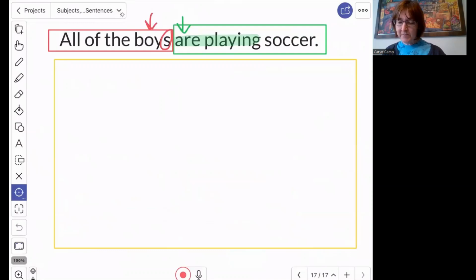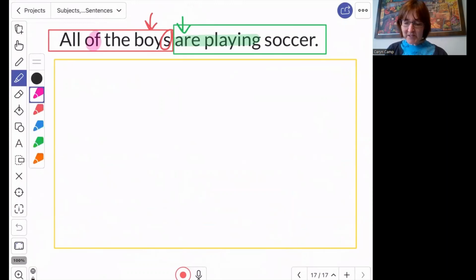Well, if you look here, it does make sense to be boys. The verb is okay. Subject-verb agreement works here. But of is a preposition. We have to memorize that. So if this is a preposition, we need to be looking for a noun that comes after it. Of the boys. Boys is the noun that comes after that preposition, which means, guess what?